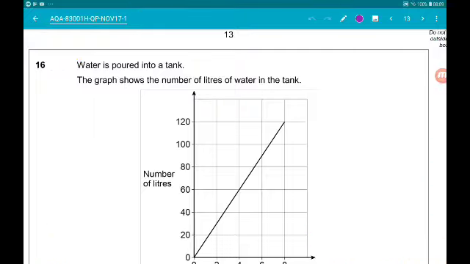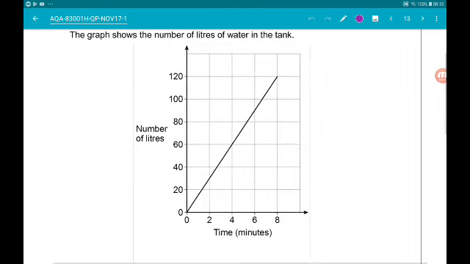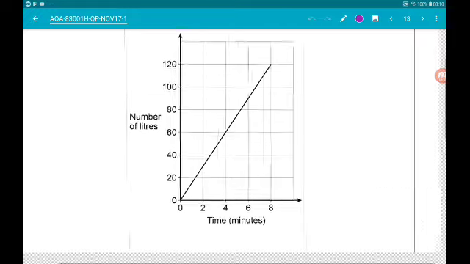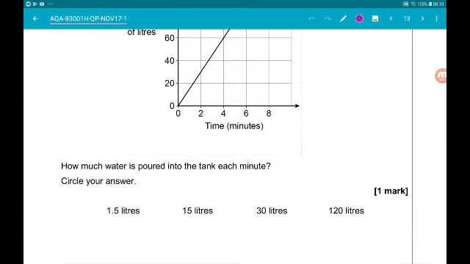Okay, question 16. Water is being poured into a tank. The graph shows how much water is in the tank, so we've got the number of litres up the side and time along the bottom. The question asks how much water is poured into the tank each minute.